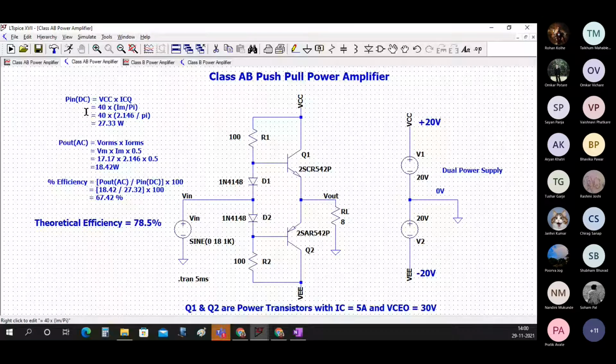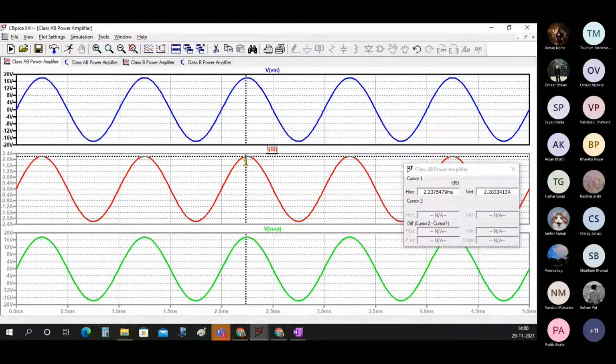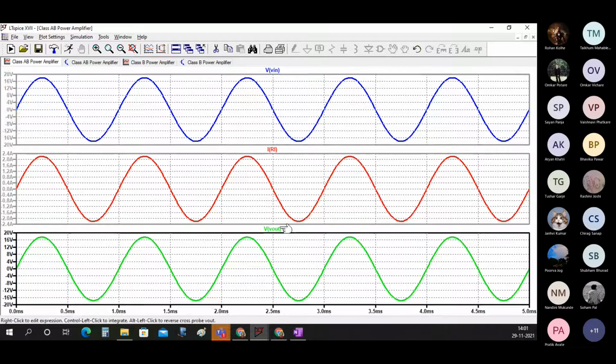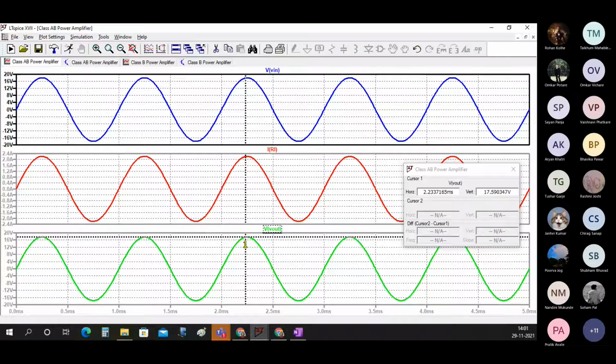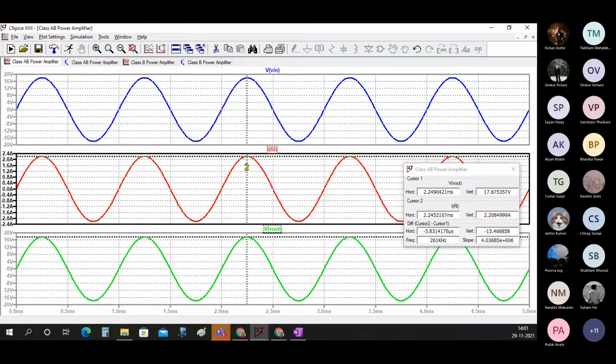So I'll go to this class and I want the maximum value of IR, so that is 2.209, and the maximum value of V out is this 17.67, and here this is 17, this is 2.209.